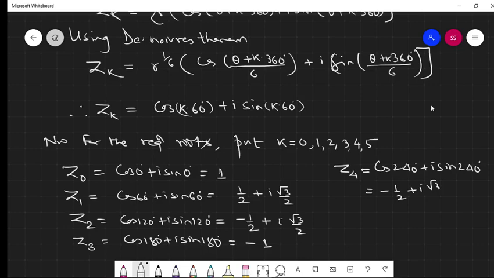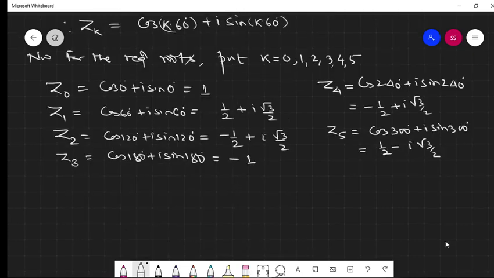Now concluding, therefore the required roots are, what are the required roots?